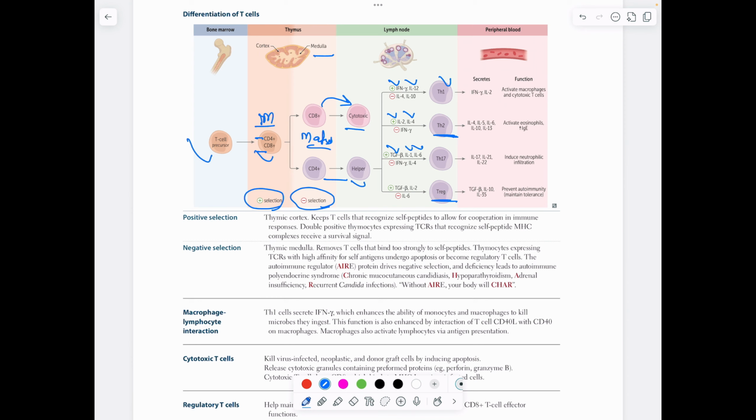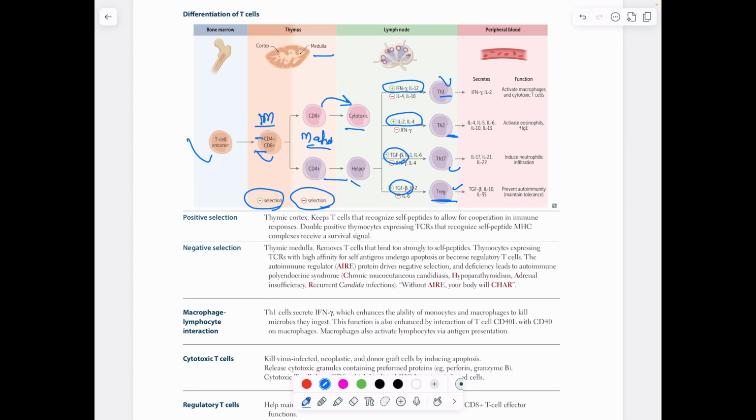And for regulatory, it needs tumor growth factor beta and interleukin 2. Let me make it easy for you guys. For 17 and regulatory, remember tumor growth factor beta only. And for Th1 and Th2, remember interferon gamma and interleukin 12 for Th1, and interleukin 2 and 4 for Th2.